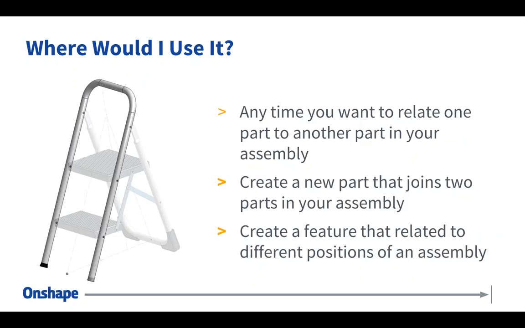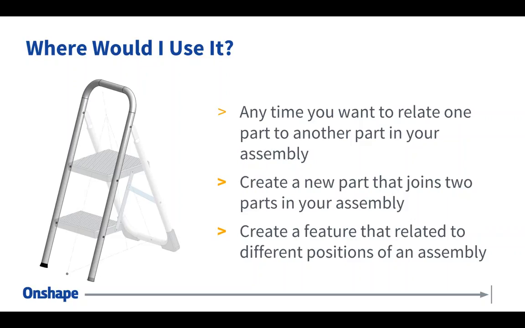This is very useful for designs where you're not sure of the measurements or it's not really clear what the certain distances or dimensions are going to be in the part. You can build it with references to the things it's attached to. So you can edit parts in the context of the assembly, and you can also create new parts within the context of the assembly. Now, the example I'd like to give, and I think it's a common one, is imagine you needed to create a feature that's tied to certain positions in an assembly.